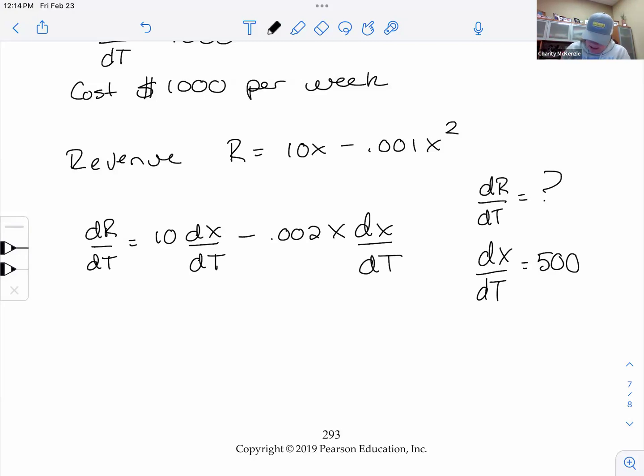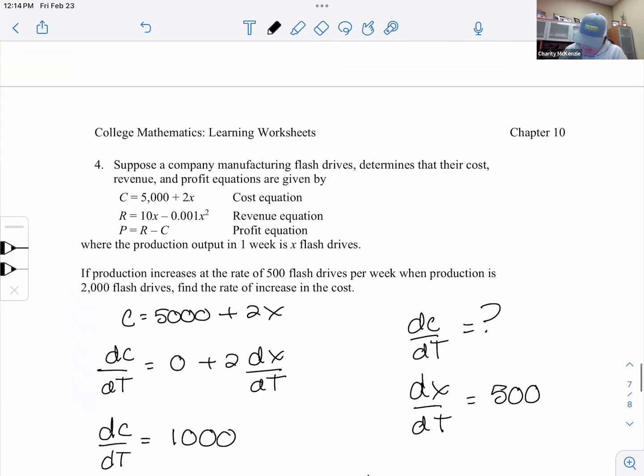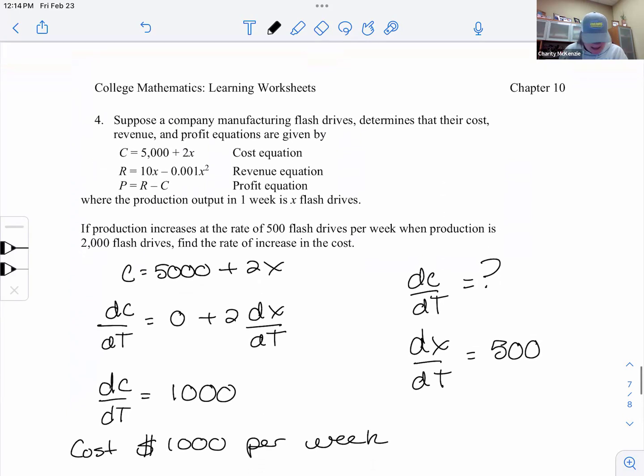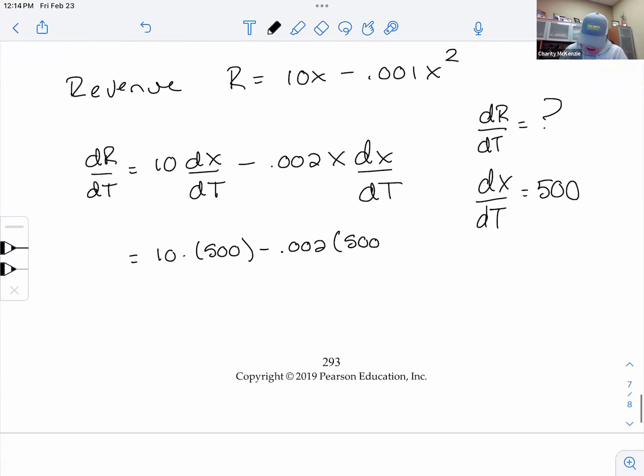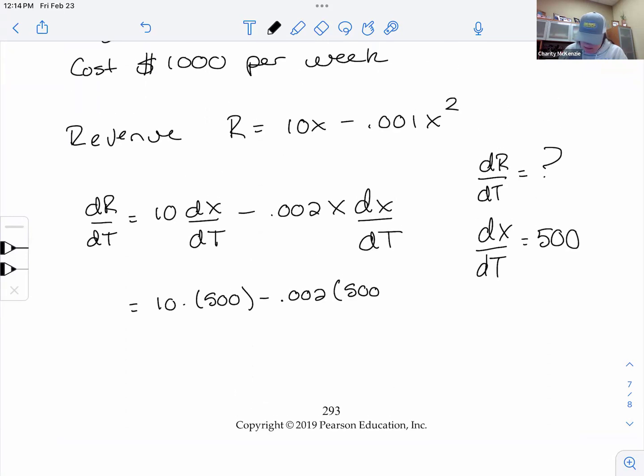So let's go ahead and put in our numbers. So 10 times the 500 minus 0.002 times the 500. Oh, wait. What was x? No, dx dt is 500. It told us somewhere.